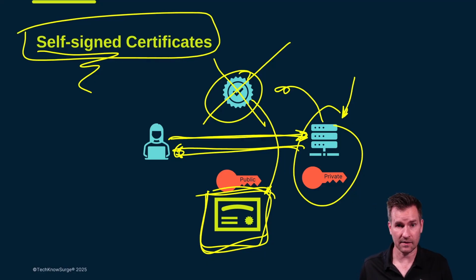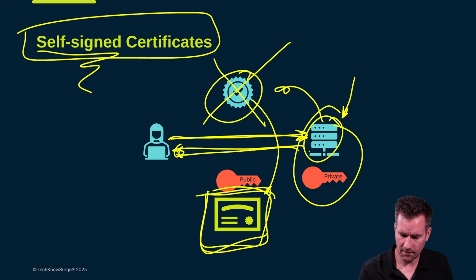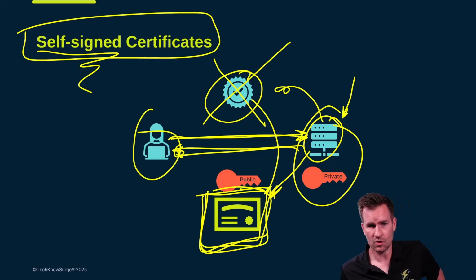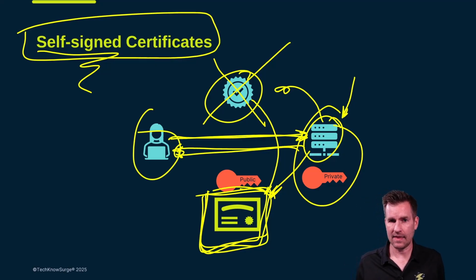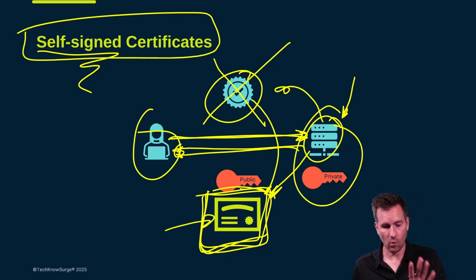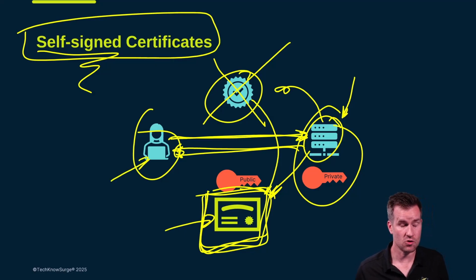In this case, with a self-signed certificate, it's the server itself that generates the certificate. When a user connects to it, they get that certificate. It recognizes that it's a self-signed certificate and throws up a warning on the machine and says, do you really want to connect to this site? It could be problematic and it could be evil.